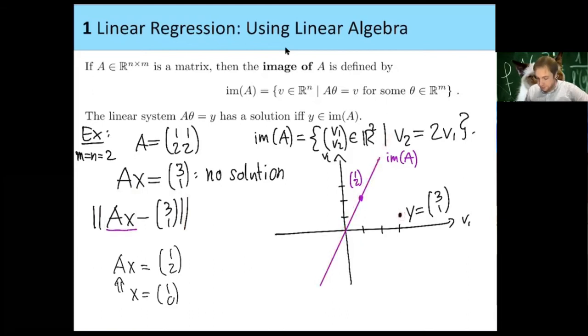Well, the answer is this point here, because what we want to do is take the orthogonal projection onto this line, since every other point would have a larger distance to this point.